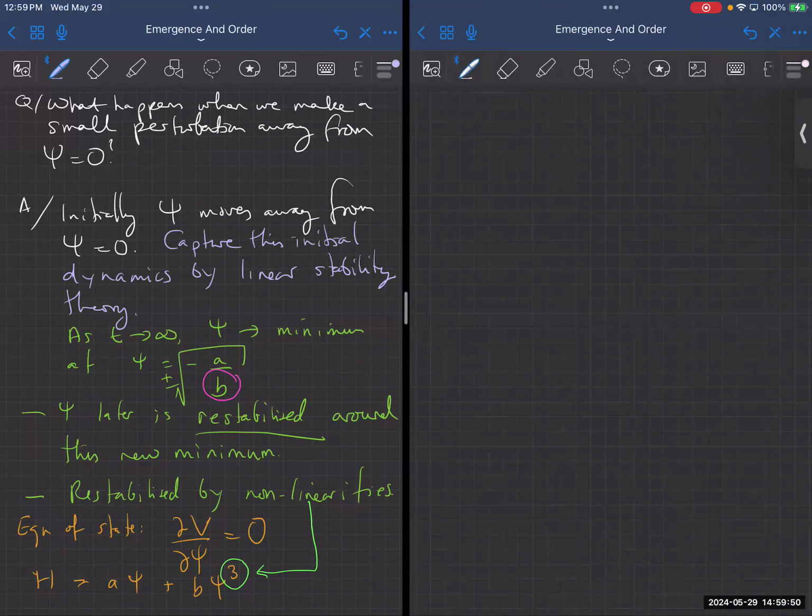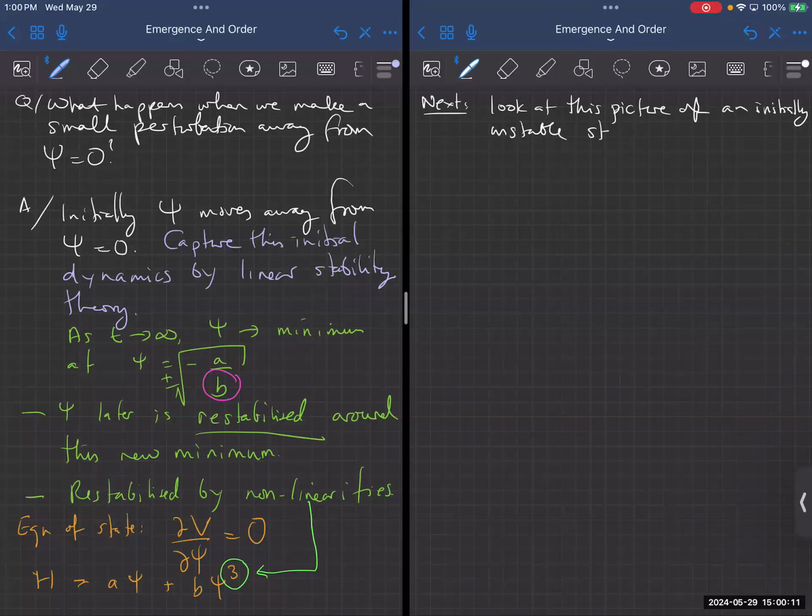So the next thing we're going to do is look at this picture of an initially unstable state evolving to an eventually restabilized state.